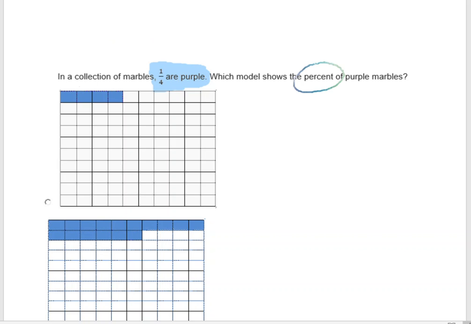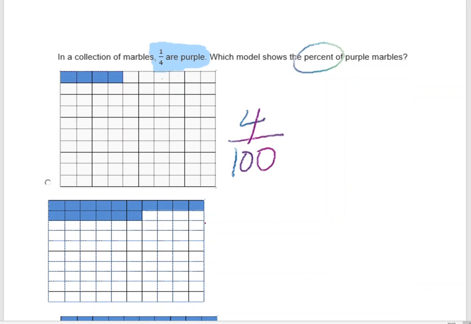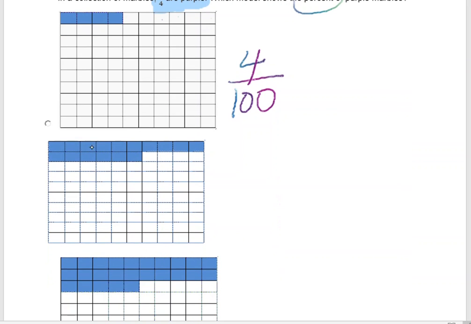Well, first we need to figure out how many blocks are in these diagrams. If it's a model that represents percent, it's probably 100. So 1, 2, 3, 4, 5, 6, 7, 8, 9, 10. 1, 2, 3, 4, 5, 6, 7, 8, 9, 10. 10 by 10 is 100. So each one of these is 100 blocks.